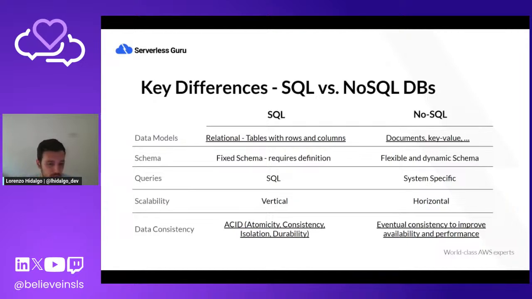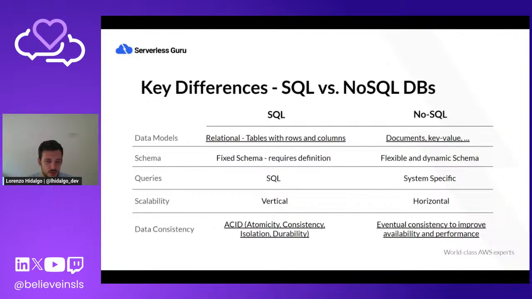Schema. Here comes one of the biggest benefits and also headaches from NoSQL. In SQL databases, you have a fixed schema and you need to define it beforehand, meaning that before you start using your new database, you need to create all the different tables with a specific fixed schema.